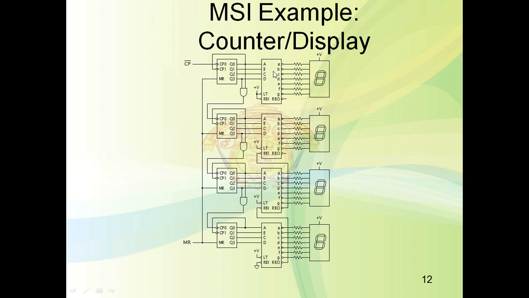These are the outputs of the counter, and this is the output of the decade counter. It is applied to the 7 segment display. It is a common anode 7 segment display. So when these pins are low, this will glow the display.